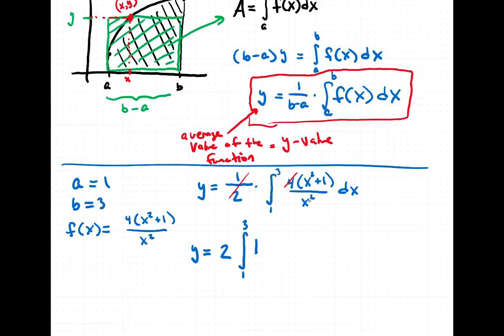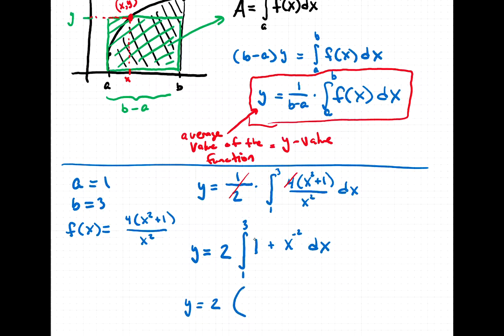And 1 over x squared is x to the negative 2 power. Okay, so a little bit of algebraic simplification. So now we're integrating 1 plus x to the negative 2 power. And that's simple enough. So we have a 2 on the outside.